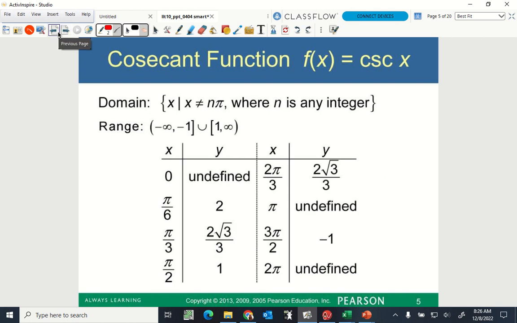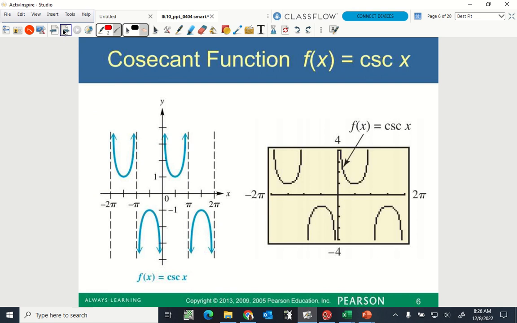Cosecant, same thing. Cosecant is the reciprocal of sine. So this is technically going to be a sine wave. It's going to look like that. And when we graph it, it just flips it upside down.